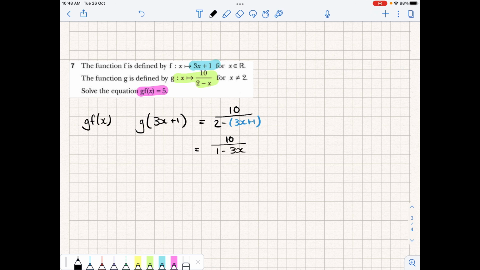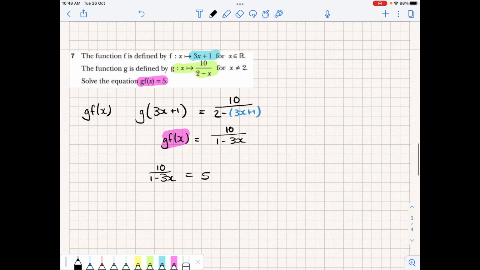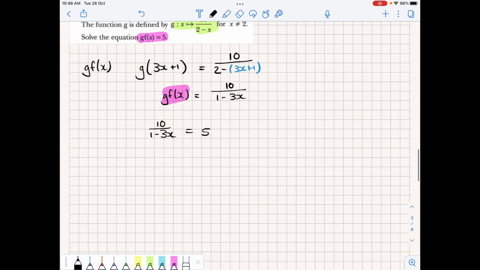Now we have found what g f of x is. That's the composite function. And they want us to solve when this function is equal to 5. So we're going to replace g f of x with 5 and solve. So we'll say 10 over 1 minus 3x is equal to 5. We can multiply that 1 minus 3x up to the top. 10 is equal to 5 times 1 minus 3x.